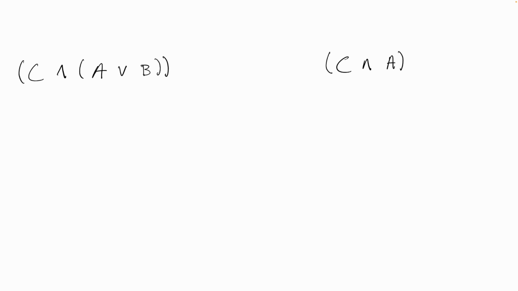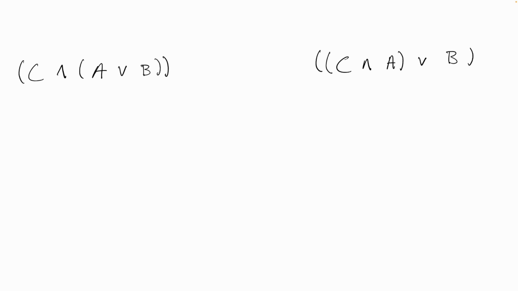If you then want to form the disjunction of that with B, then you would write open parentheses, C conjunction A, disjunction B, close parentheses. Once again, the parentheses serve to make clear the scope of each connective. The conjunction, in this case, is joining C with A, and then the disjunction is joining that compound statement with the statement B.